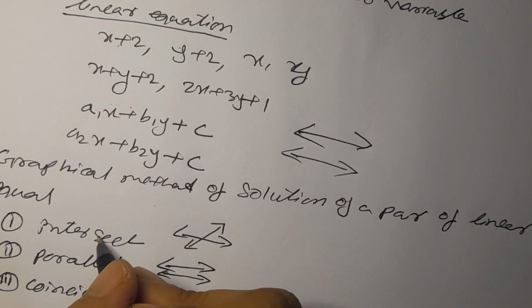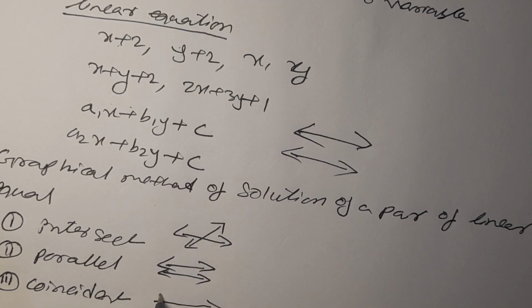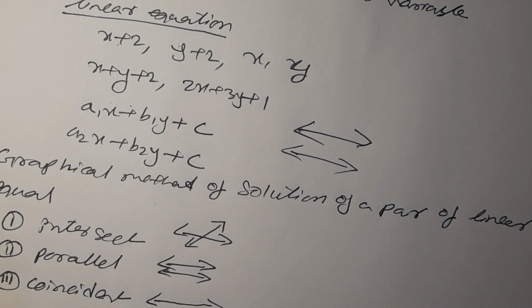So it may be in this way, or in this way, or coincident, one above the other. If we use two colors, that will be better. If it is one color, it also gives a double line. So this is one case. Another is just above it, exactly above this.